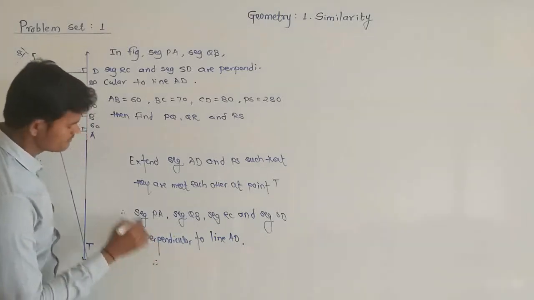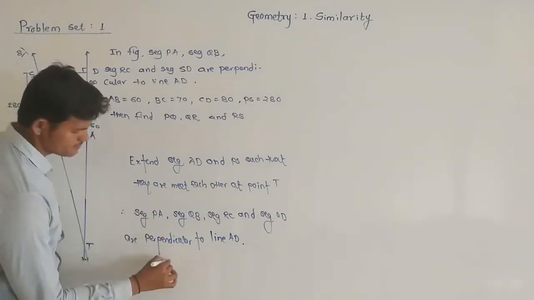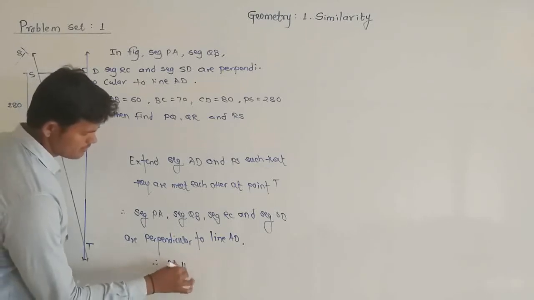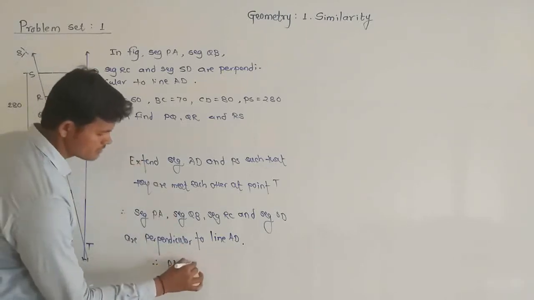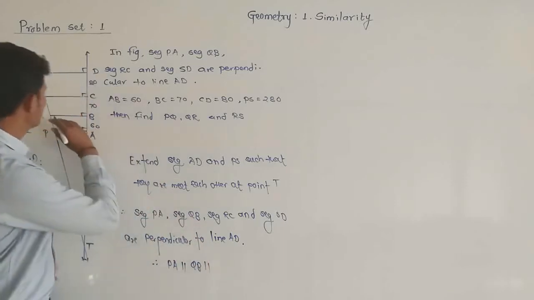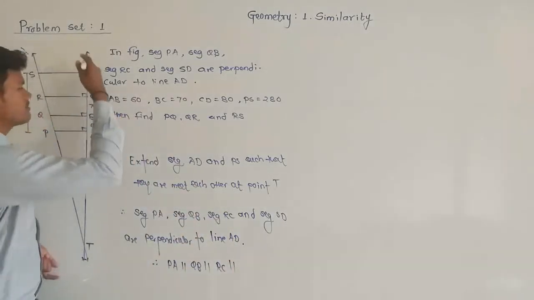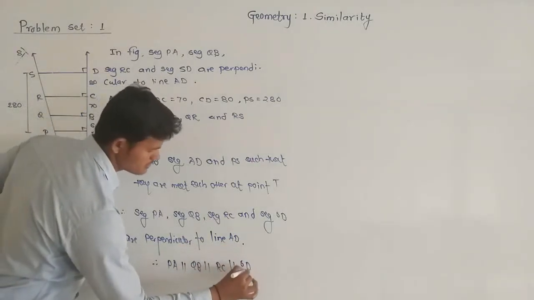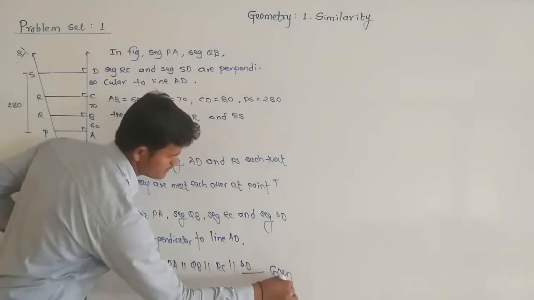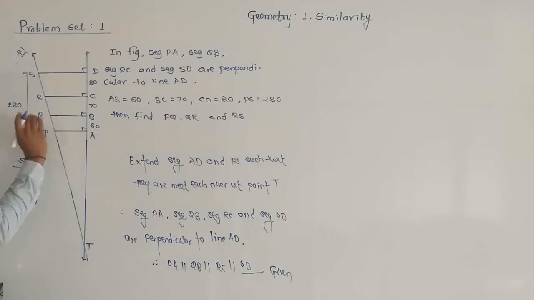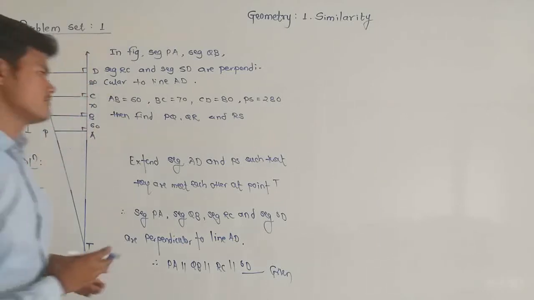So we get PA parallel to QB, QB parallel to RC, and RC parallel to SD. Now in triangle TDS.